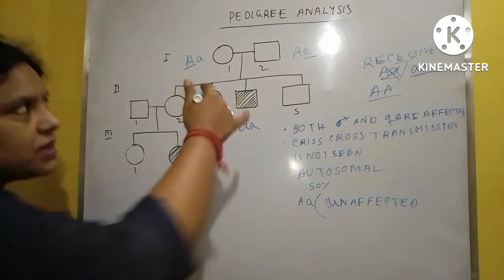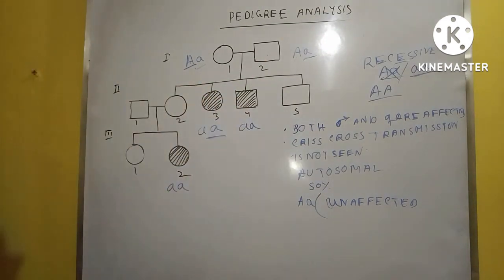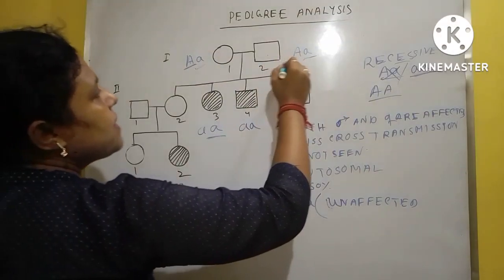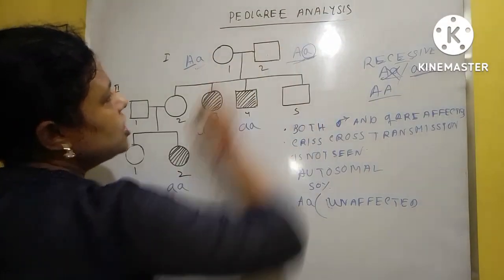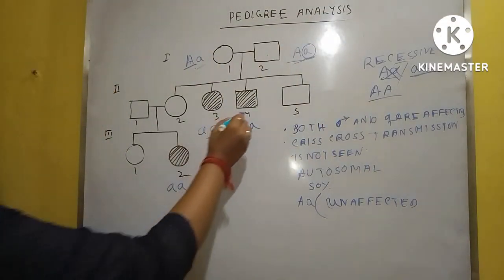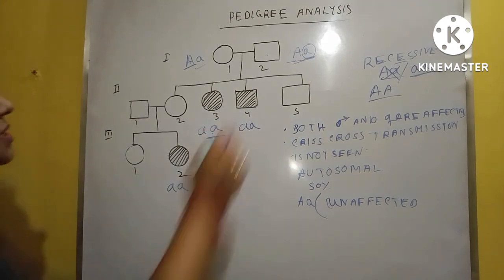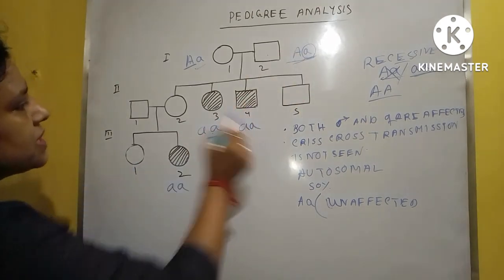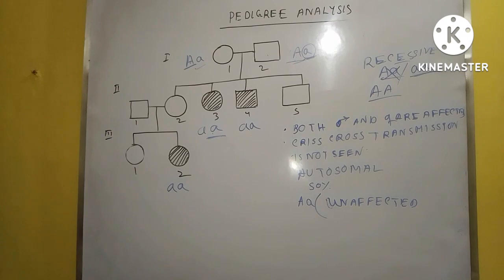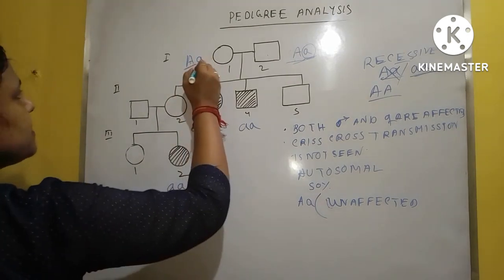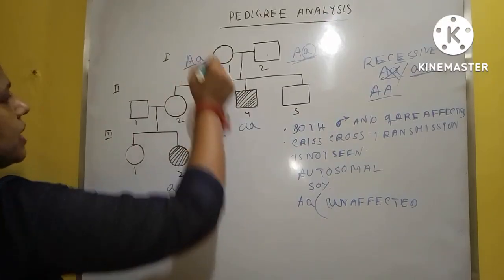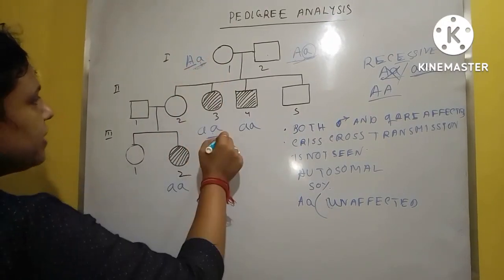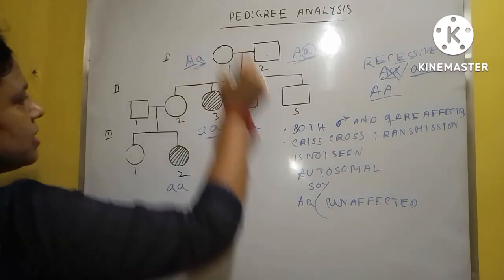So in the next generation, what happened? From the unaffected father, one small a was transmitted to the daughter and one small a was transmitted to the son. Where is the other gene? The other gene was obviously transmitted from the mother, one small a coming from here to there and one from here to there.